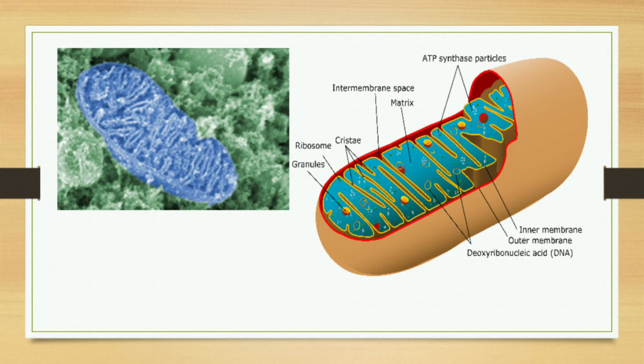Then the space between outer and inner mitochondrial membranes is called the perimitochondrial space, or simply the intermembranous space. The inner membrane surrounds the inner chamber, which is filled with matrix. The cristae bear several F1 particles.